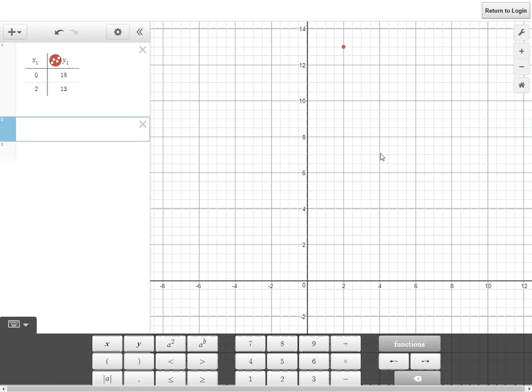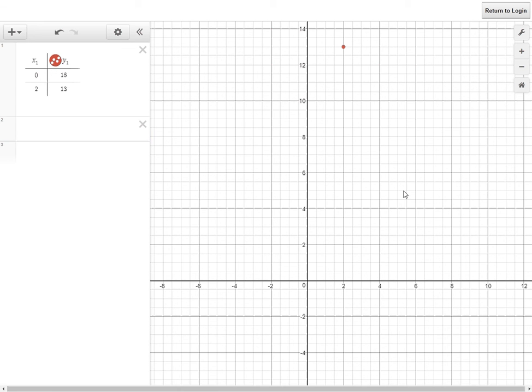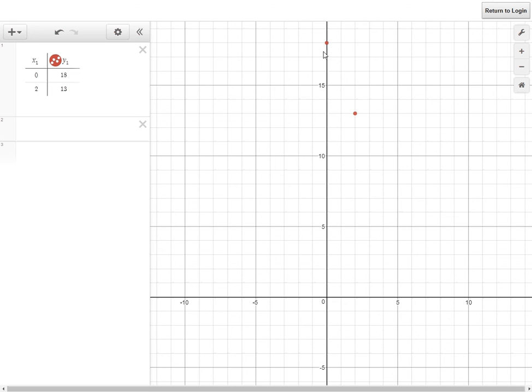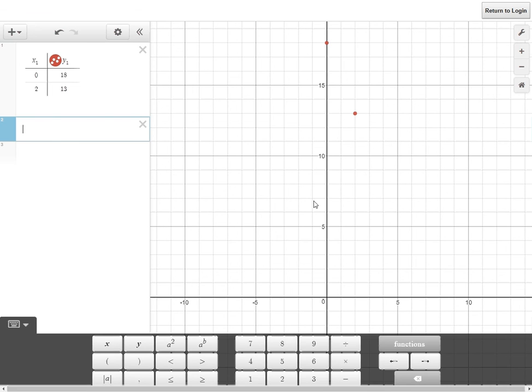If you go down to the next row, you can do what's called a regression analysis. You don't even need to know that's what it's called. It sounds fancy and scary, but it's not a big deal. There are my 2 points. If I want to come up with the line that goes through those 2 points, all you've got to do is type y1.